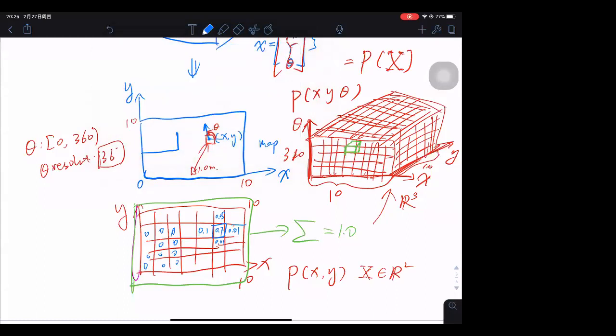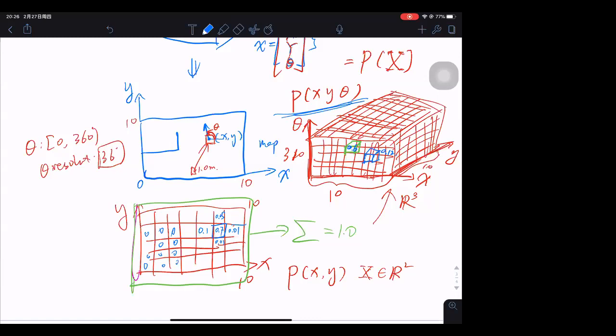Probably the robot is here, so I will write the number 0.6. And in other places, probably here in another block, it's 0.12 or something. I need to write all the numbers across this 3D space. That's what we call a joint distribution of x, y, theta. That's what happens in the 3D case.